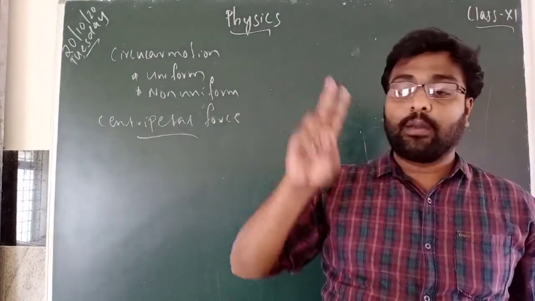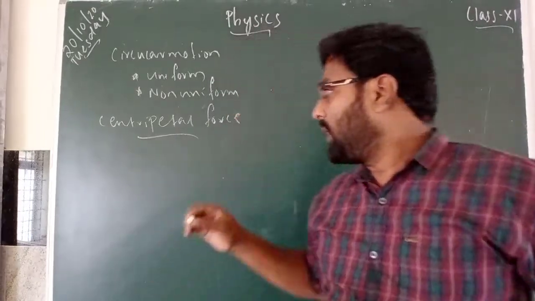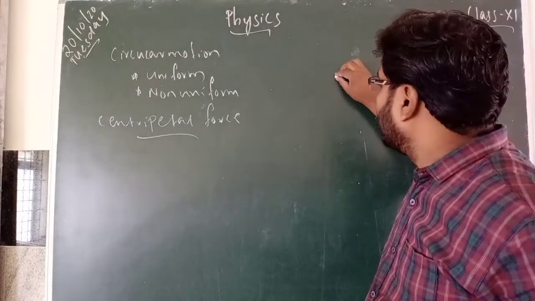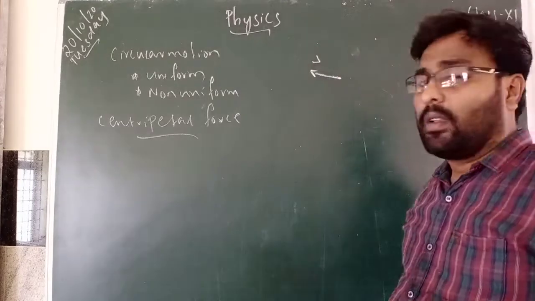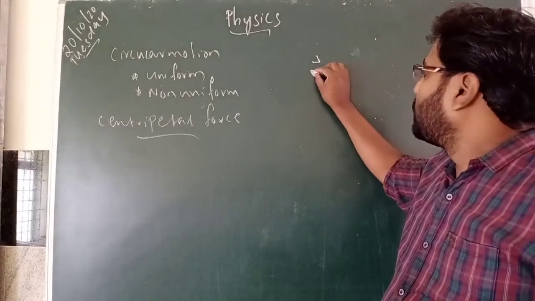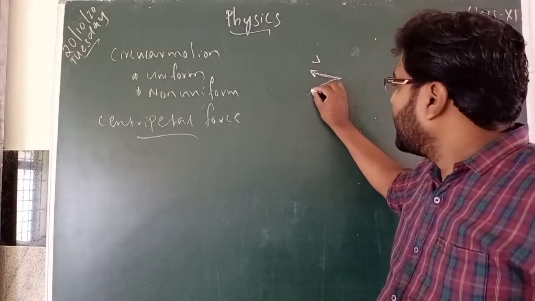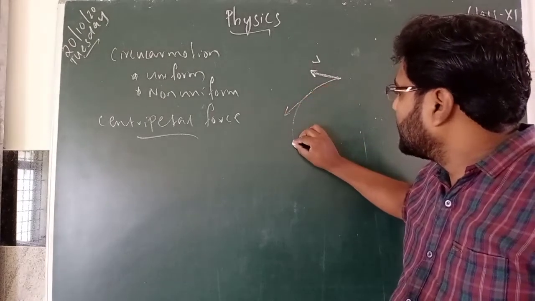Now the second point is, assume that one particle moves like this. This is the velocity of the particle. It is moving with the same velocity, but the direction is changed.